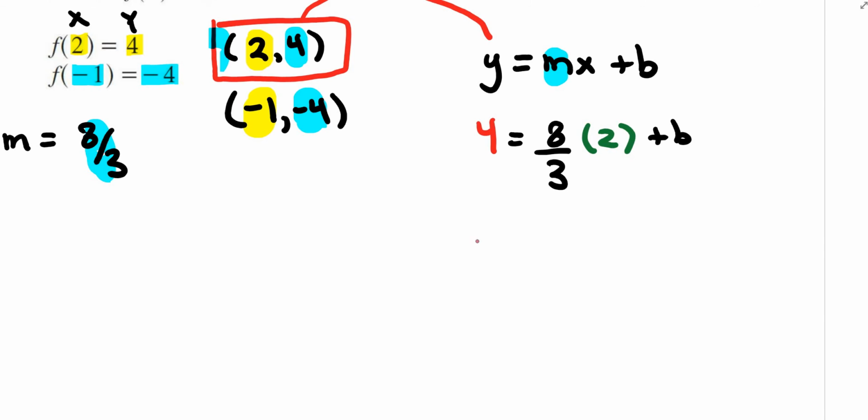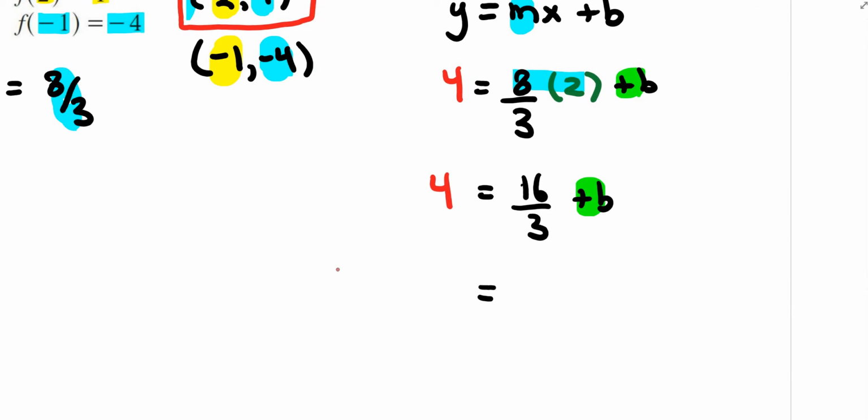Okay, and once again, one of the reasons why this question is a little bit harder is because the calculations are a bit tougher here. So 8 times 2 is going to be 16, so 16/3 plus b. And then in order to find the y-intercept, which is b, we need to solve for this equation here. So I take my 16/3 and I bring it over, and that's going to be 4 minus 16/3, and that equals b.